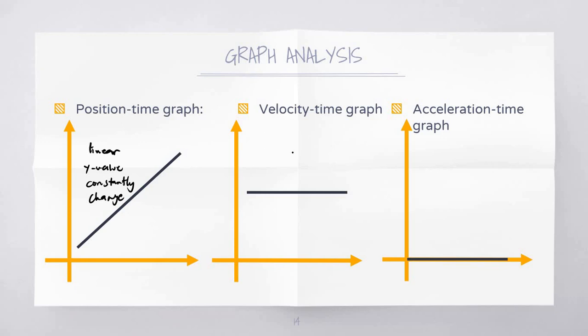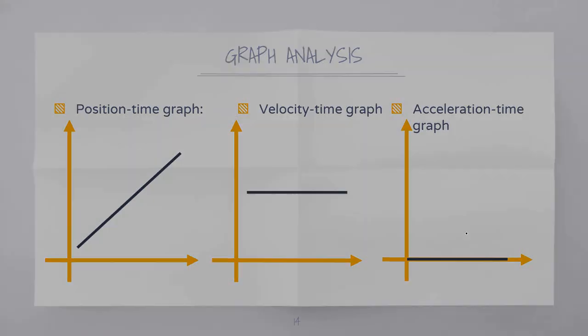The velocity time graph becomes constant, so constant y value. Since the velocity here isn't changing at all, it's constant, right? So acceleration becomes 0. 0 what? 0 y value. Okay? Because the time still progresses.